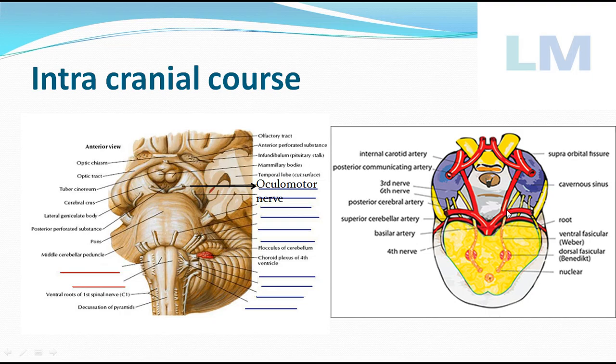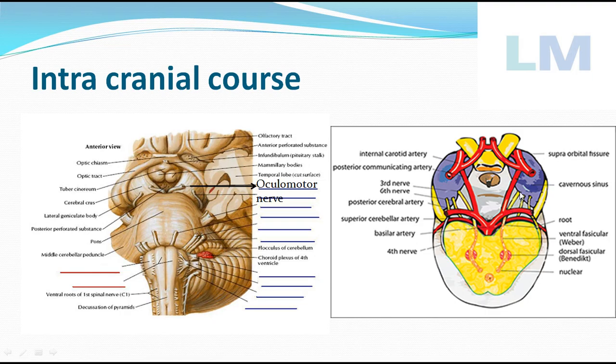Posterior cerebral supplies the brain near the occipital lobe. Superior cerebellar supplies the upper portion of the cerebellum. So any aneurysm of these arteries will result in the condition I showed you in the beginning, the lateral squint or the divergent squint. So the nerve is sandwiched between the posterior cerebral and superior cerebellar arteries.